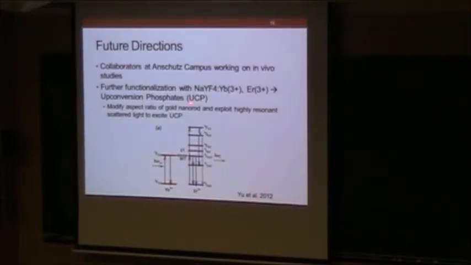And we have been successful with polymerizing UCP, and now we want to attach that to the gold nanorod so that once you shoot 980 nanometers, you have heat, but you also have green fluorescence so that it could be applied to endoscopes.